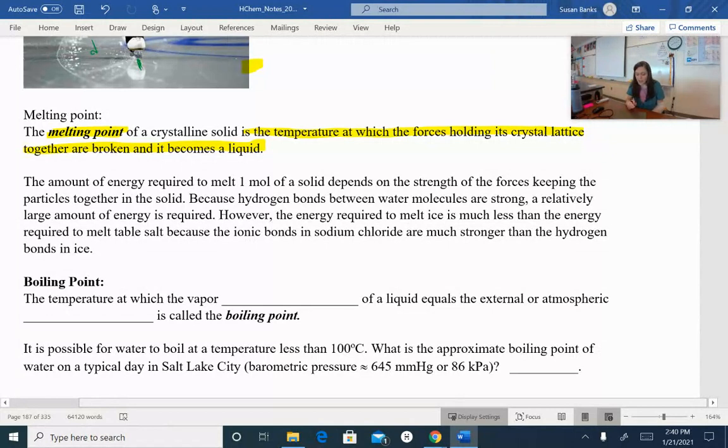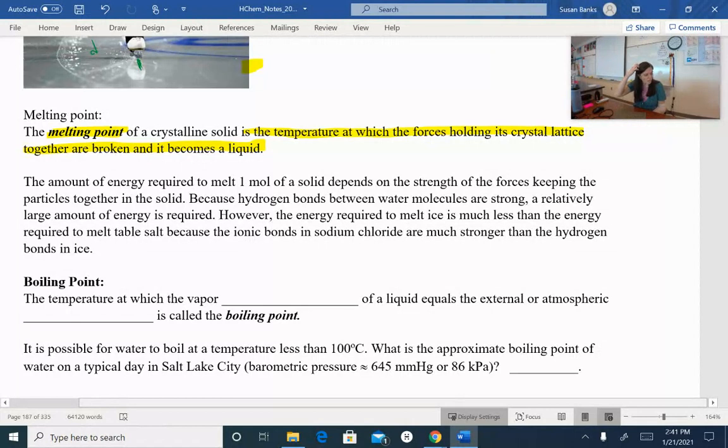Okay, ice has a very high melting energy. However, the energy required to melt ice is much less than the energy required to melt table salt because ionic bonds are much stronger than hydrogen bonds, right? So melting salt is going to be much, much more energy.